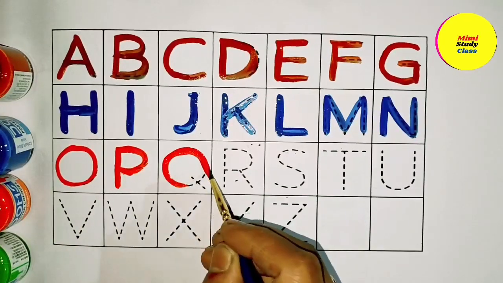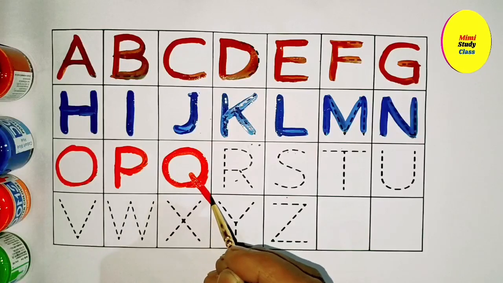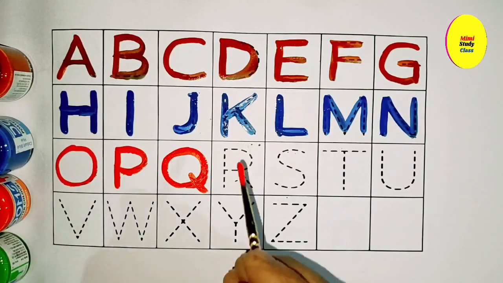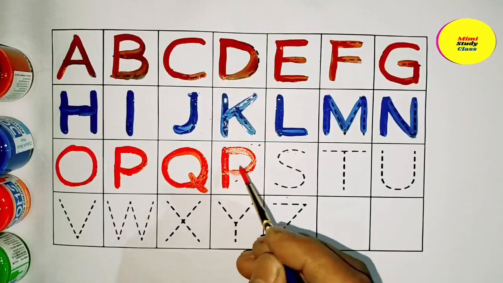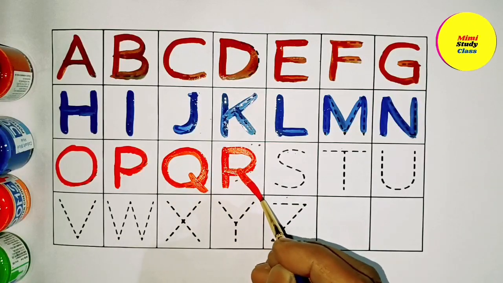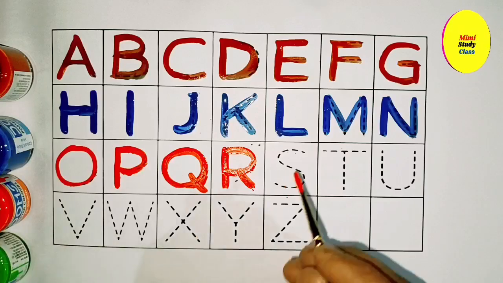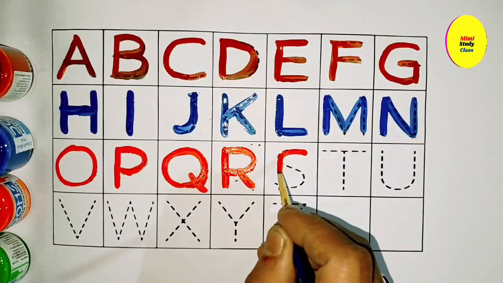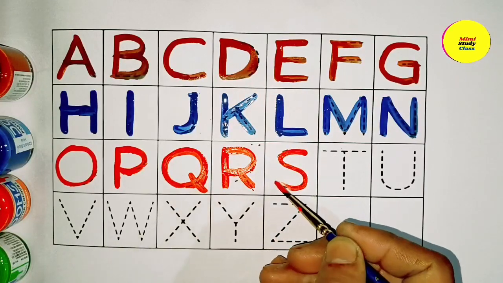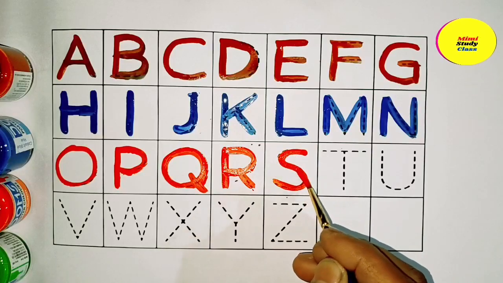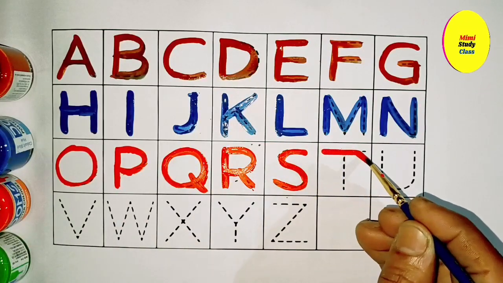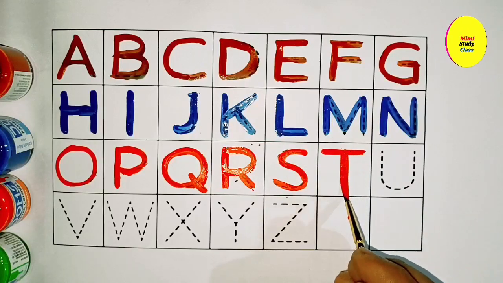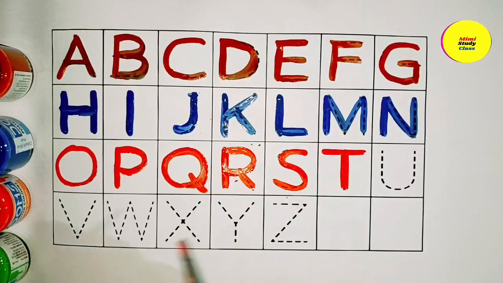Q for queen. R for rainbow. S for sun. T for tiger.